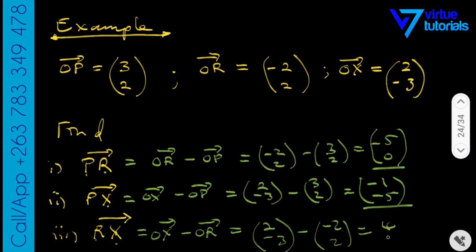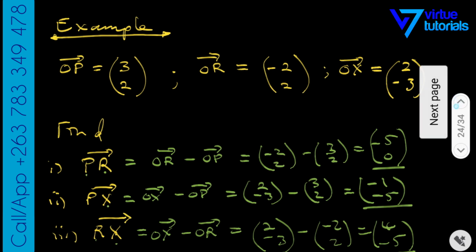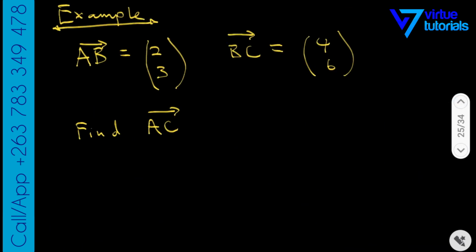Minus 3 minus 2, that's a minus 5. So simple calculation there, right? So just remember, you take the position vector of the second point minus the position vector of the first point.